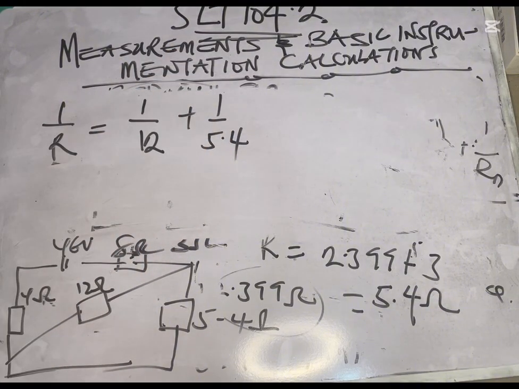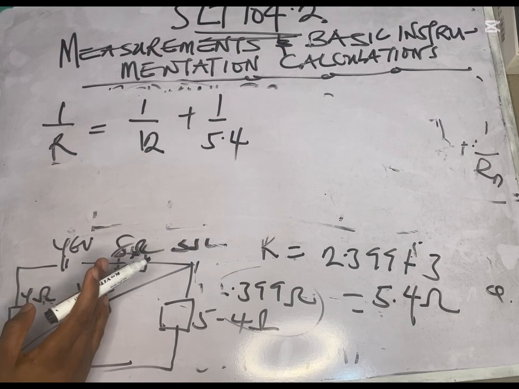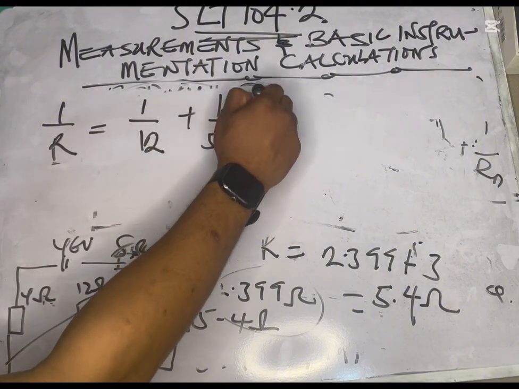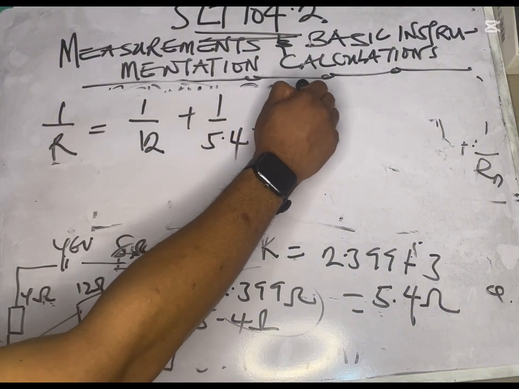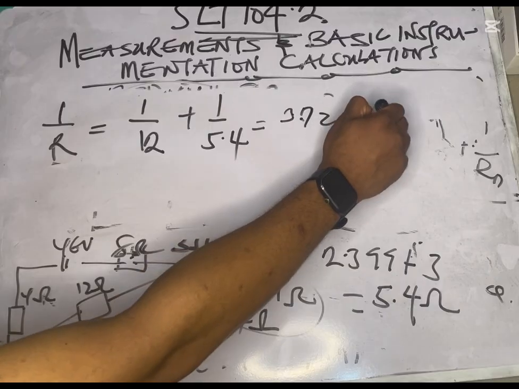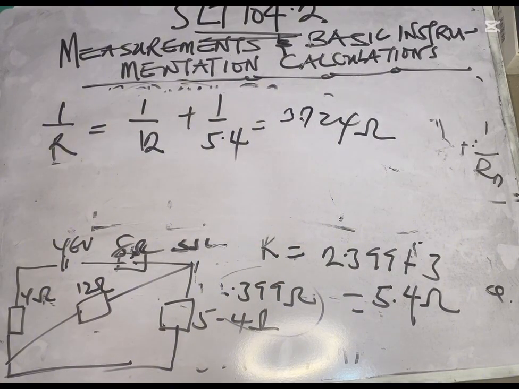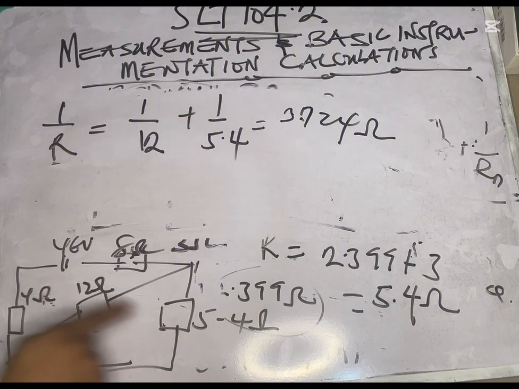That is the setup for these two that are in parallel. All right, if we solve these two in parallel, we are going to have 3.724 ohms. So it means that you've been able to resolve these two that are in parallel.